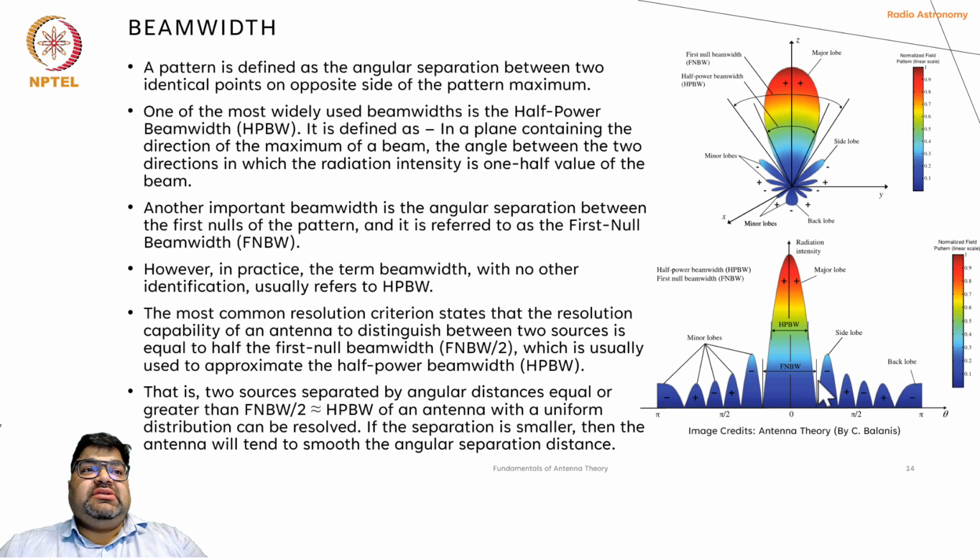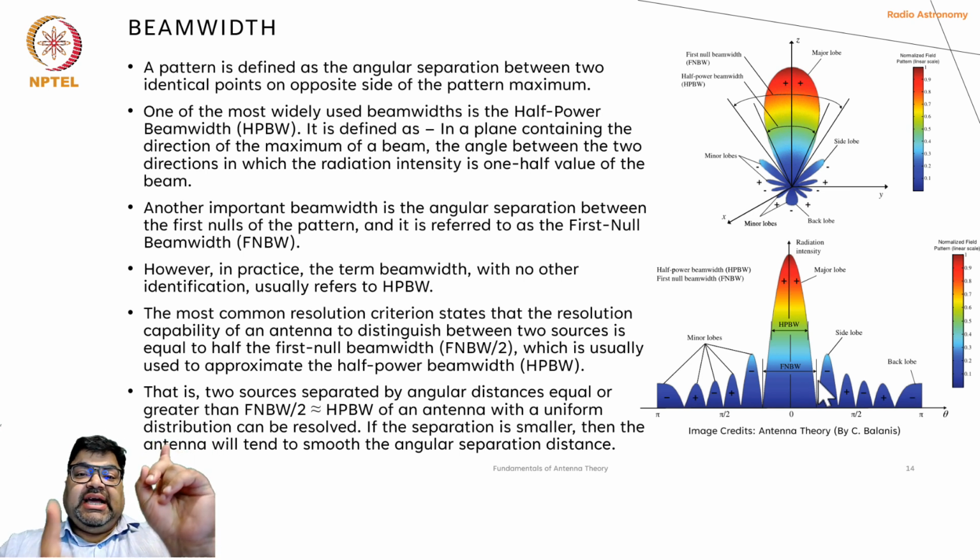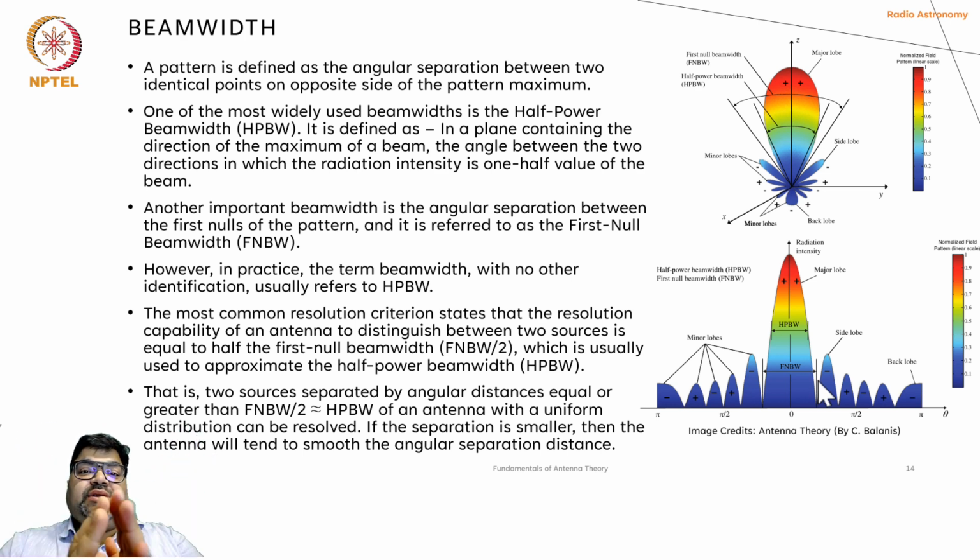What is resolution? We understood in the first lecture that it is the ability of our telescope to distinguish between one star in this direction and another star in that direction. The ability to decipher the angular separation between two stars is called resolution. If they are very closely spaced within this half power beamwidth, the telescope will not be able to distinguish between them.